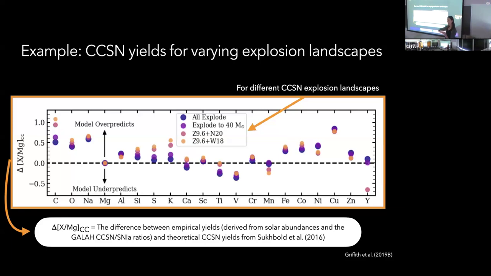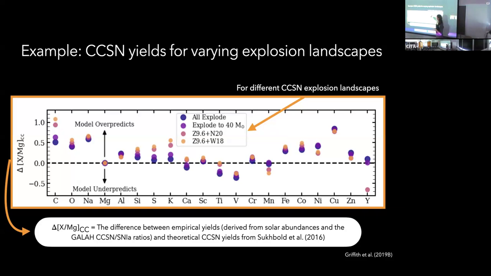So I showed that fractional core collapse plot with the ChemPy yield sets. We're taking that fraction combined with solar abundances and deriving just a core collapse yield for each element from our empirical study and comparing that to the IMF integrated yield for different yield sets.